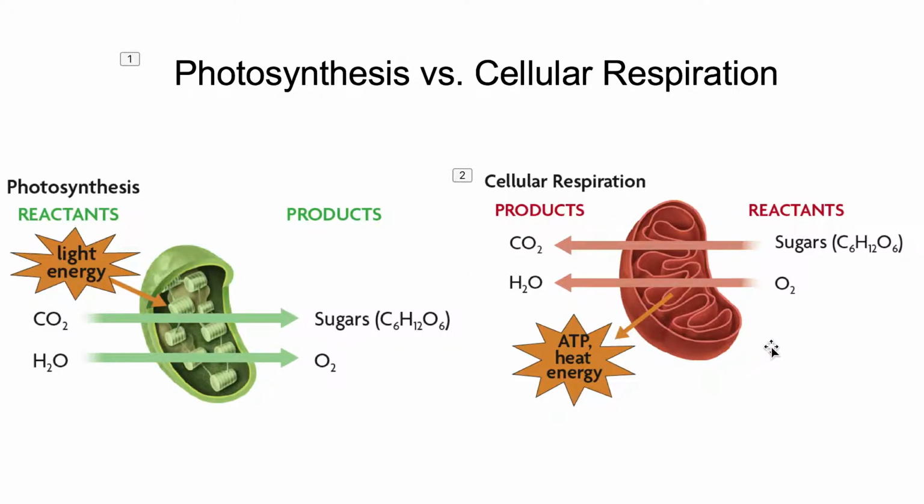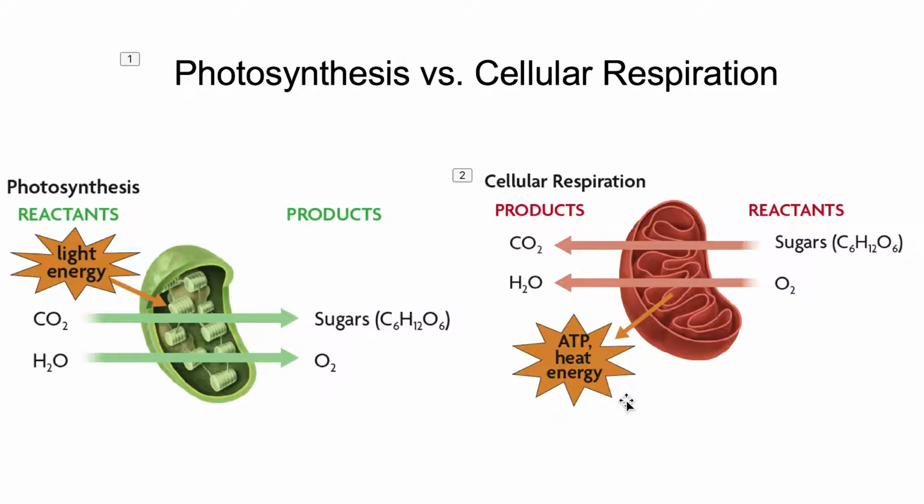Through cellular respiration, organisms take sugar and they take in oxygen and they break that sugar to form carbon dioxide and water. And then photosynthesis actually requires energy from the sun, whereas cellular respiration gives us energy at the end in the form of ATP. So those two processes are closely related.